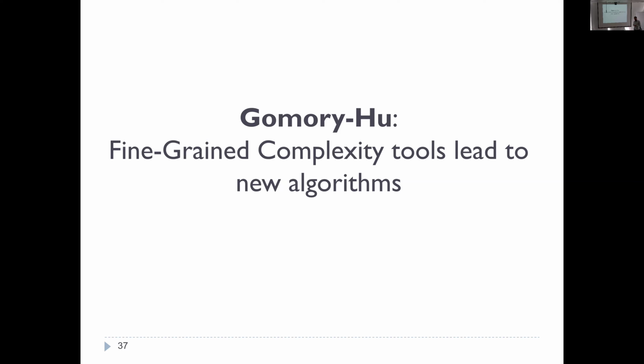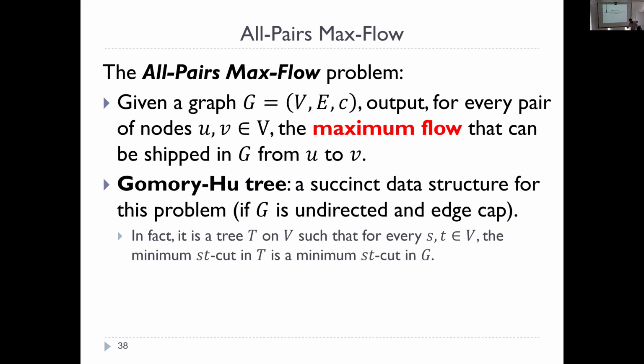So if the graph is undirected and the capacities are on the edges, then Gomory-Hu showed that there is a very nice way to represent those values, right?